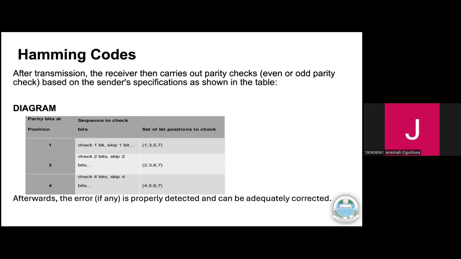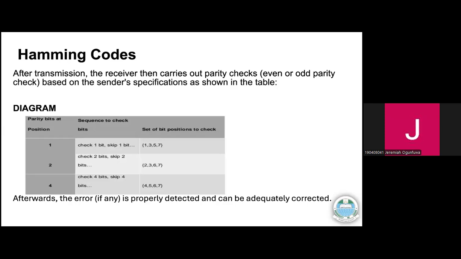All right. So the parity bits 1, 2, and 4 each have their own methods of checking with those sets. For the parity bit of 2, we check the set of 2, 3, 6, and 7. For the parity bit of 4, we check the set of 4, 5, 6, and 7.